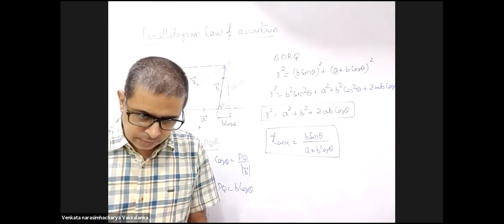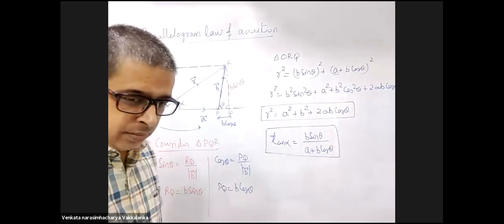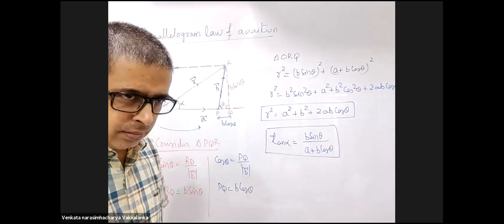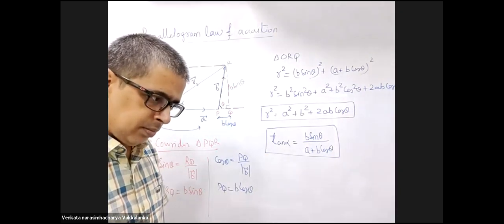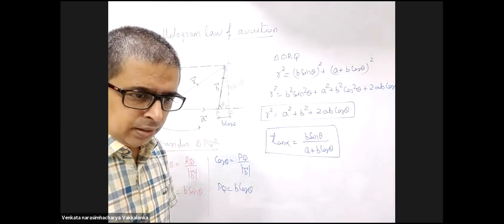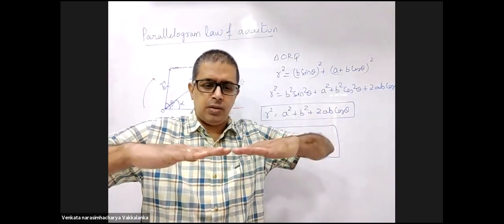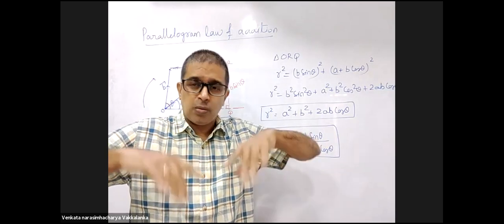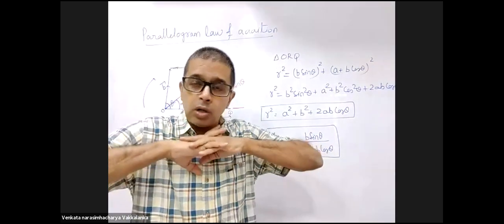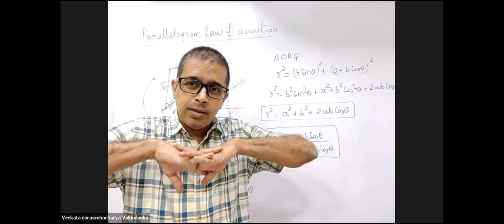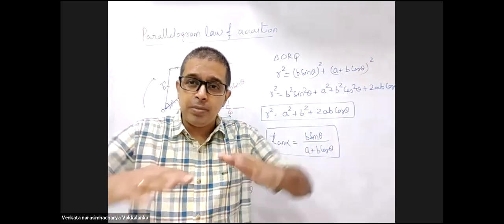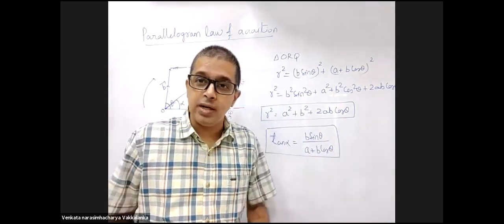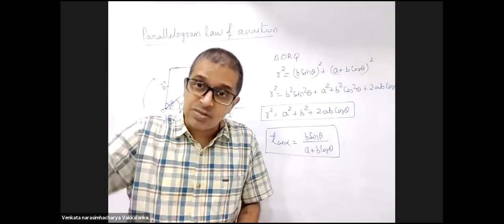Sir, I had a question. When we say that two vectors are coplanar, can we say that they will always be co-initial also? No. Sir, because we can translate the vector to start from the same point, right? Suppose it is not from the same point, you will not call it coplanar. No, I can have two vectors which are not co-initial, but yet they can be coplanar. Translating is a different issue.